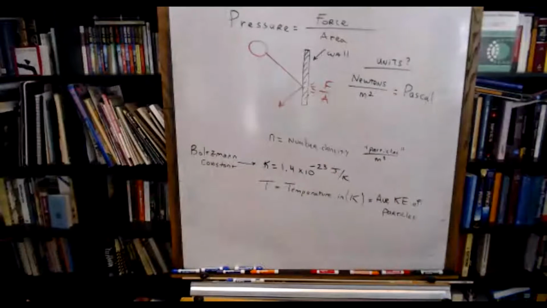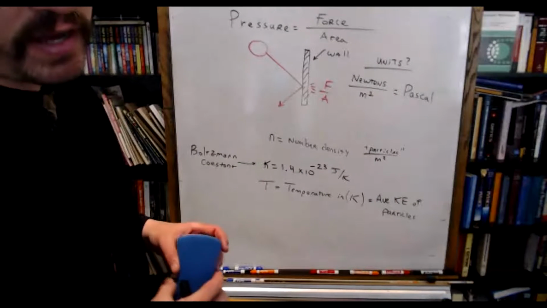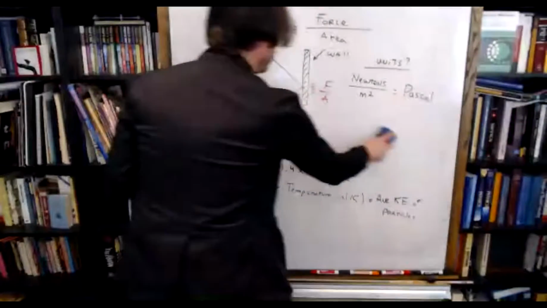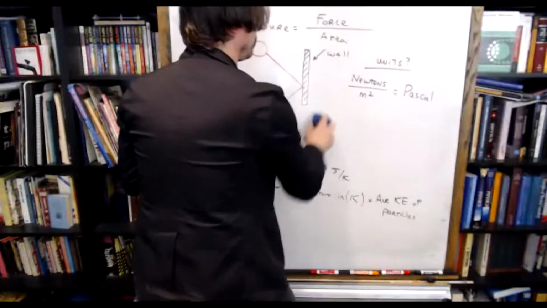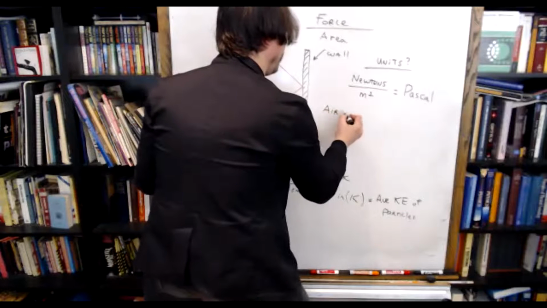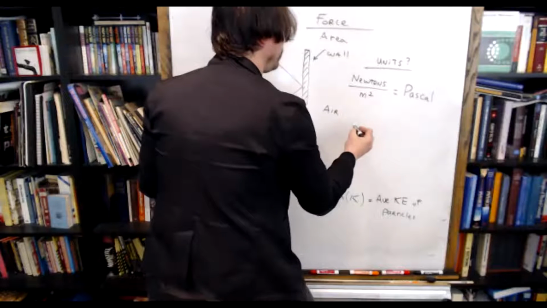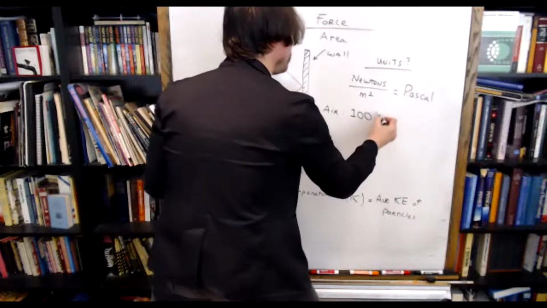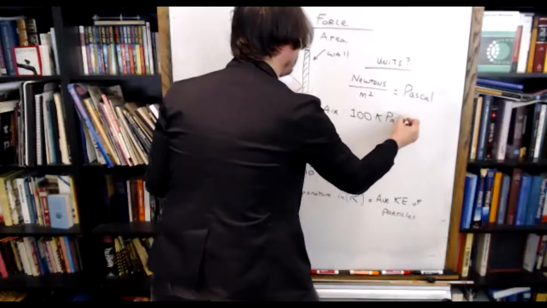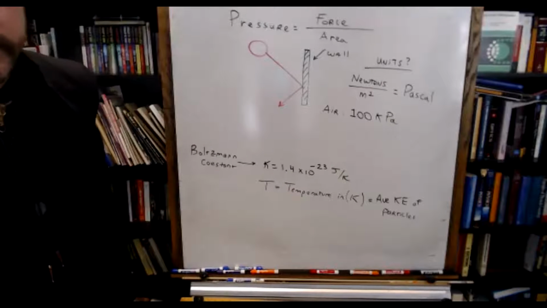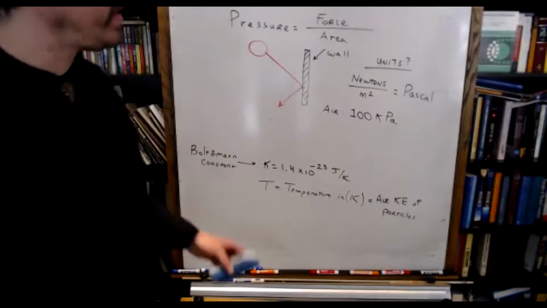So pascals are the MKS unit of pressure. Just as a sort of side comparison, air at sea level, the air that you're breathing right now, has a pressure of 100 kilopascals, or 100,000 pascals.